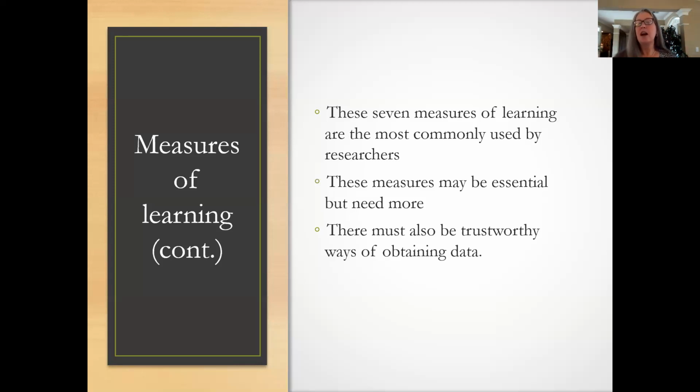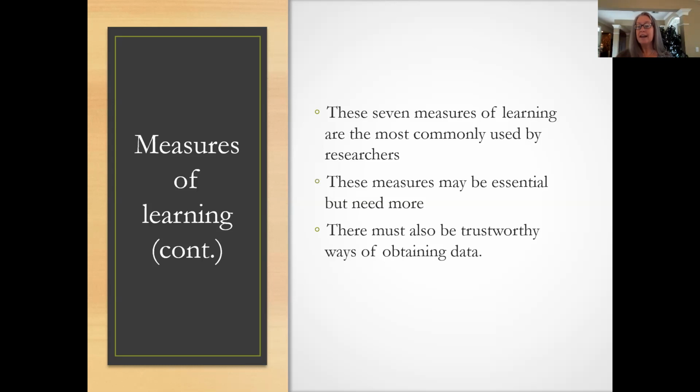Okay. Then we talked about some of the really common dependent variables that are used when we go to measure learning, when we go to measure change. We talked about errors and latency and rate and topography and, I'm going blank on a couple of the others, but these are really, really common measures of learning that we use, and you want to be able to very easily recognize each of them and know what they are.